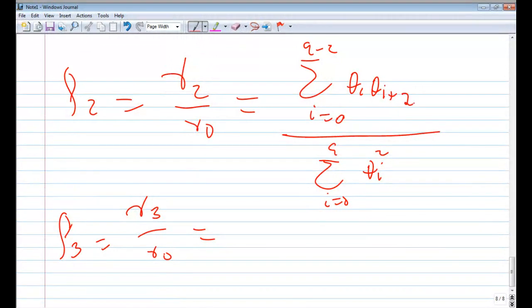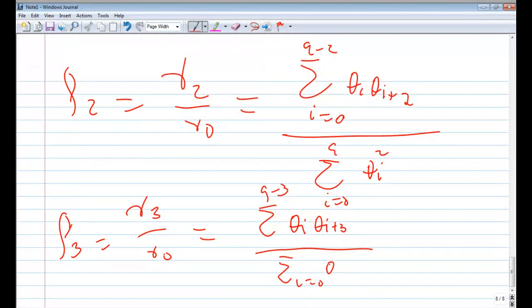So rho 3 is the summation of theta I plus 3, q minus 3, divided by the summation of theta I squared up to q.